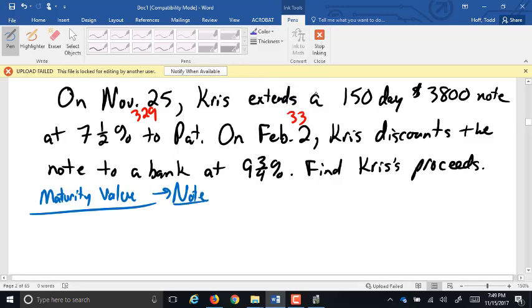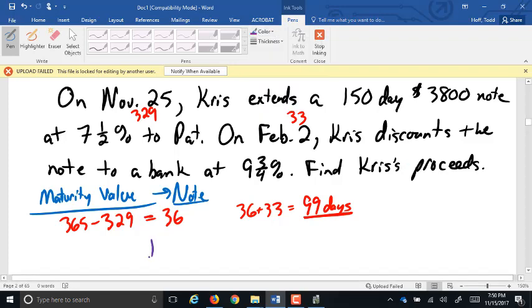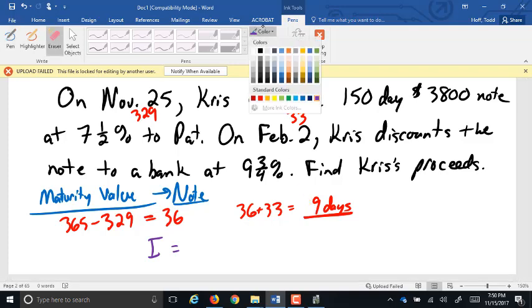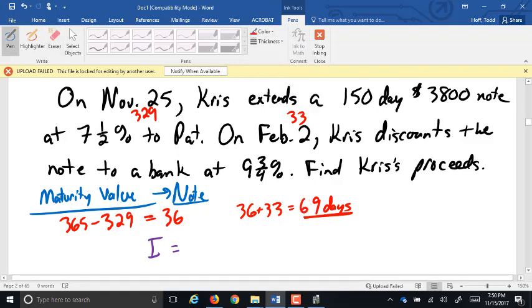The days will be 365 minus 329, which is 36, correct? 36 plus 33 is 69 days.